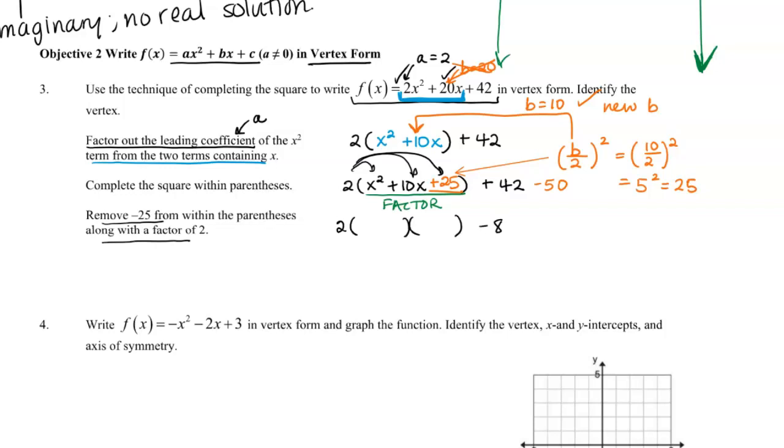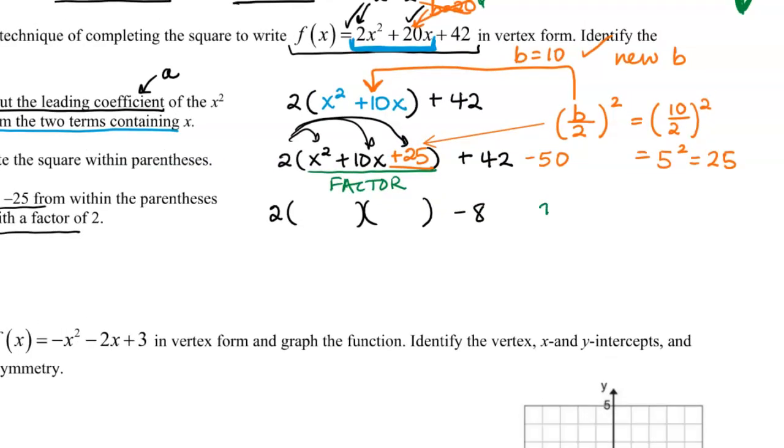In order to factor that, I'm looking for two numbers that multiply to a positive 25 and add up to a positive 10, and both of those numbers are 5. It will always be the number you took and squared to find what you wanted to add in. So this will be x plus 5, x plus 5, and it will always be the same number.